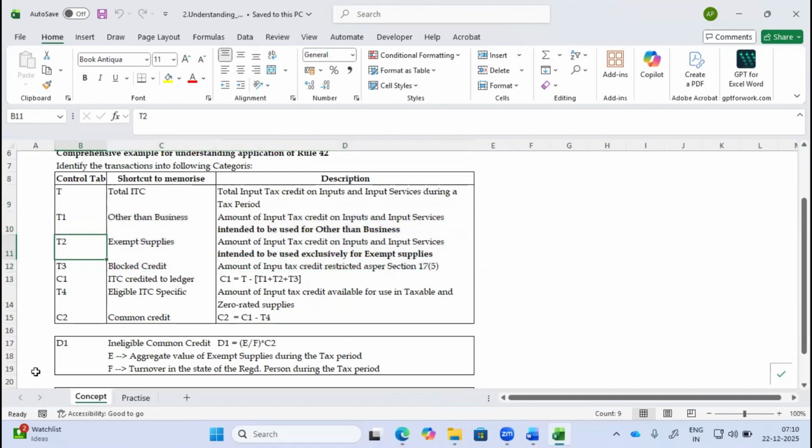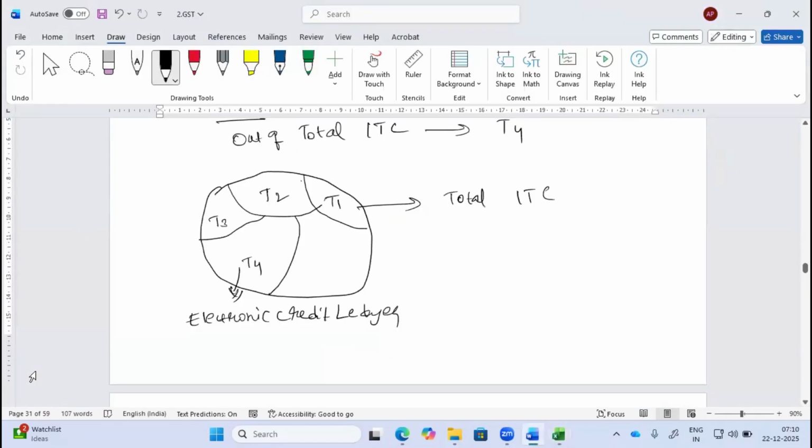So you'll get a common credit or a specific credit called C1, input tax, which gets credited to credit ledger. After eliminating this T1, they say remove T1, remove T2, remove T3. Then you have something called T4, which is specific and which is called common.